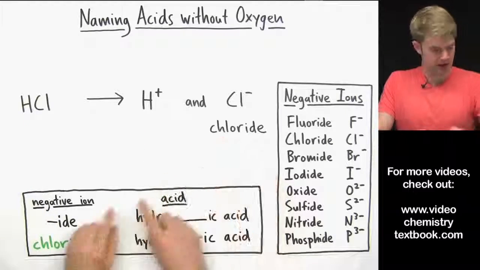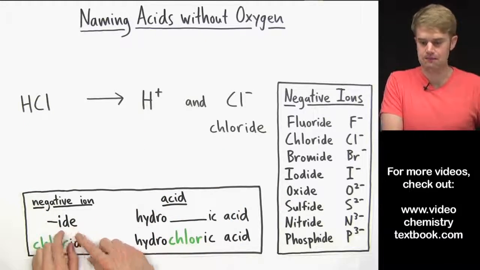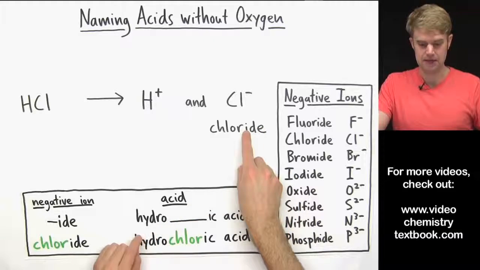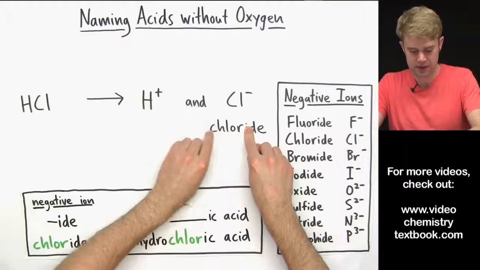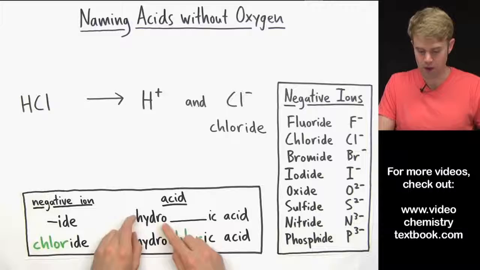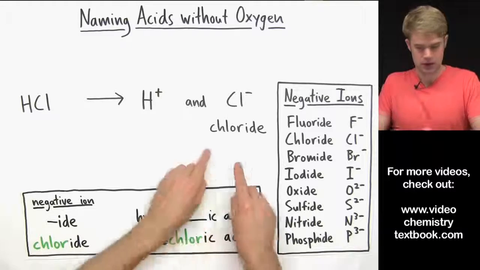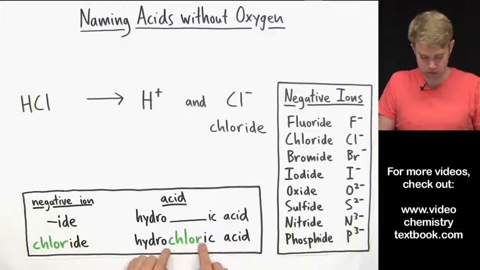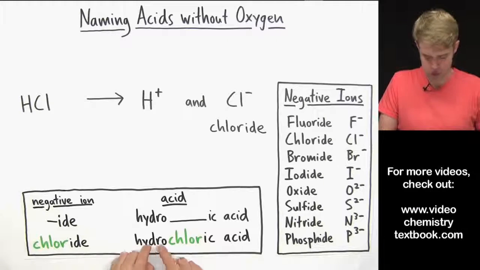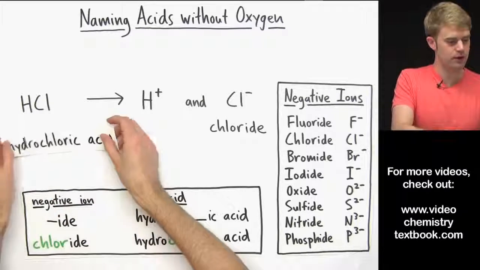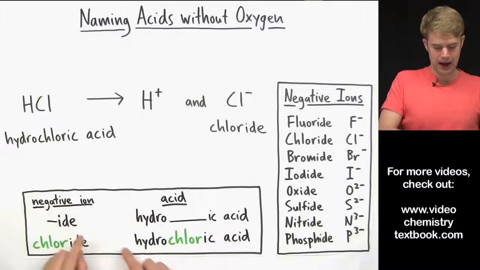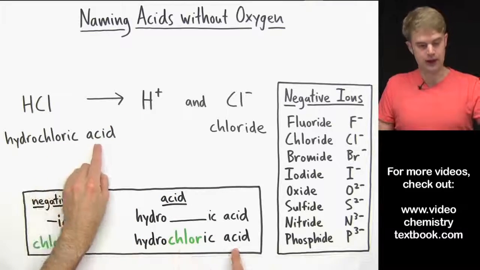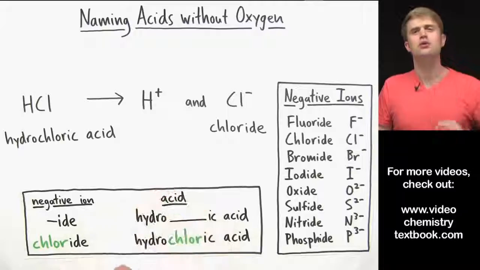If the negative ion in the acid ends in -ide, you take off the -ide and then you stick this name between hydro and -ic. So this is chloride. We take off the -ide and we put chlor between hydro and -ic. So we call this HCl hydrochloric acid.